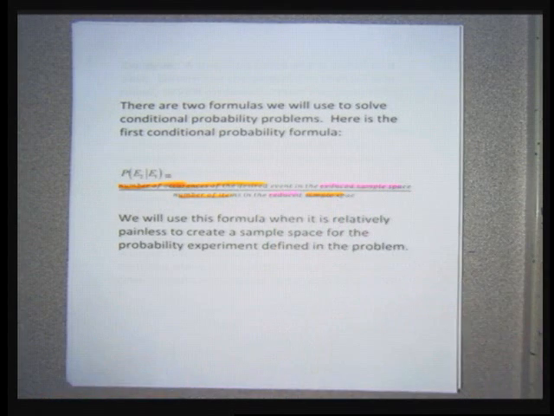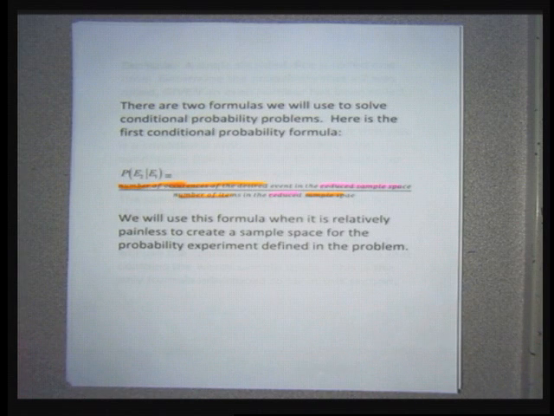So specifically, to do a conditional probability, we're going to find the number of elements in a reduced sample space that fit the criteria divided by the number of elements in the reduced sample space. So we're going to have to reconfigure our sample spaces to do conditional probability problems.